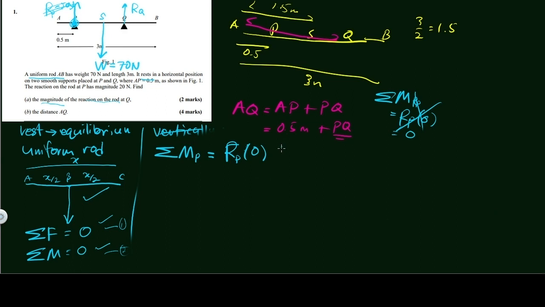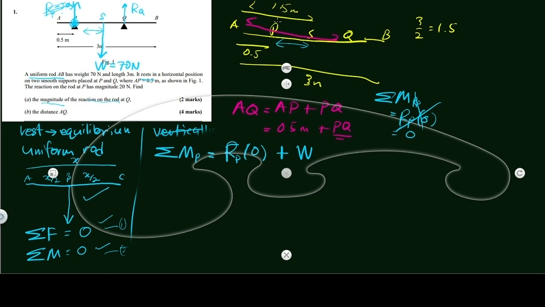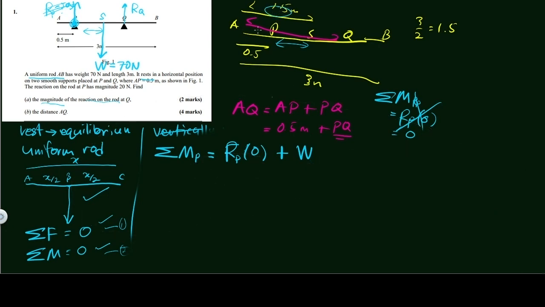Plus W times the distance between S and P. Since AS is 1.5, the distance P to S is 1.5 minus 0.5.